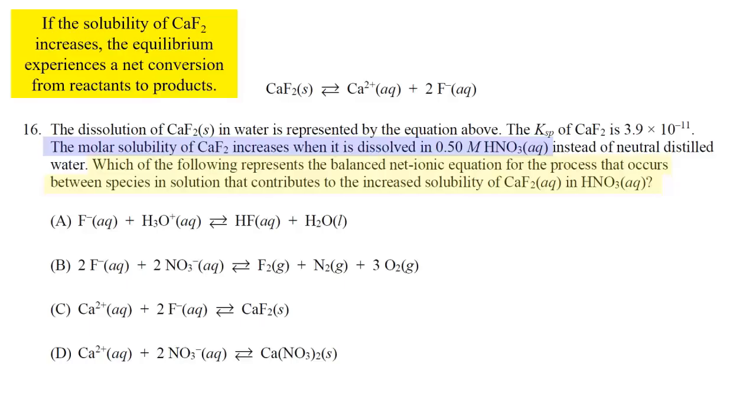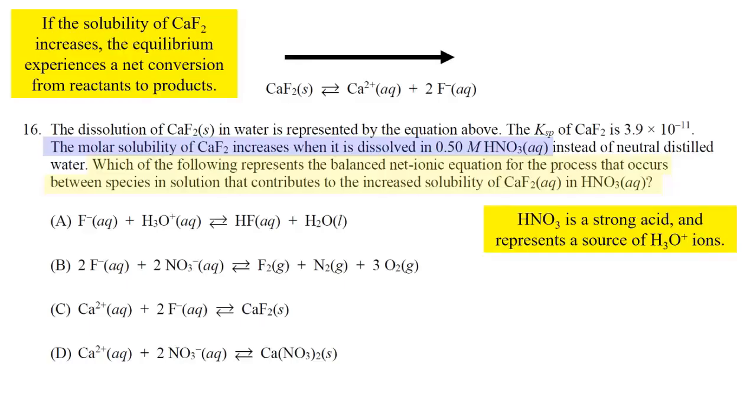And if the solubility of calcium fluoride increases, then the equilibrium for the dissolution of calcium fluoride would experience a net conversion from left to right, from reactants to products. We know that nitric acid is a strong acid and represents a source of H+ or hydronium ions. What we need to consider is which of these four reactions would best explain this shift in the equilibrium from left to right, making it even more soluble in the presence of an acid.